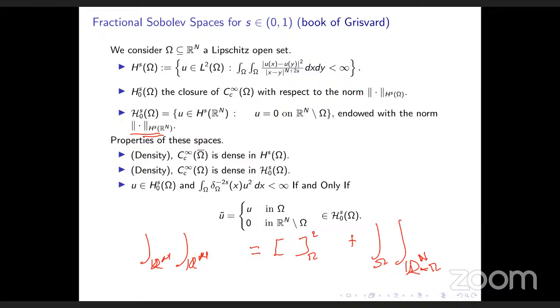So the semi-norm squared is given just by this. And if I look at this, I will have something like u squared of x, and I have |x minus y| to the power n plus 2s. So the dx is for Omega, and this guy is exactly the integral over R^n minus Omega.